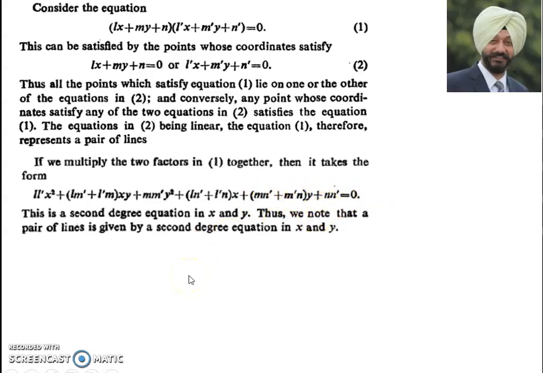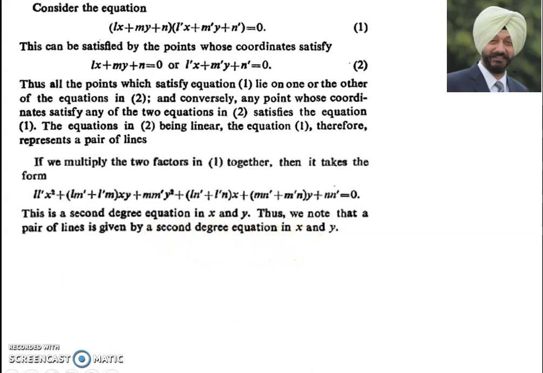This is a second degree equation in x and y. Thus we note that a pair of lines is given by a second degree equation in x and y. So when we multiply two linear equations, we get a second degree equation in x and y, which represents a pair of lines.